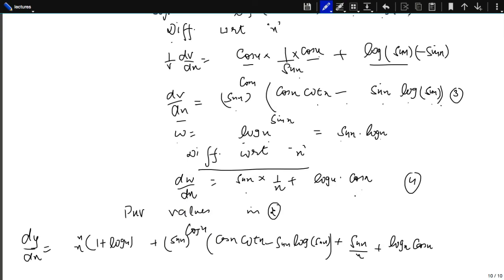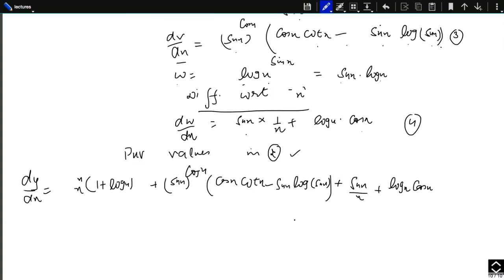We put all the three derivatives in number 2. So its derivative is x raised to x into 1 plus log x plus sin x raised to cos x bracket cot x cos x minus sin x log of sin x plus sin x by x plus log x cos x.